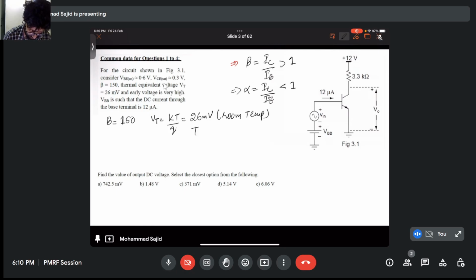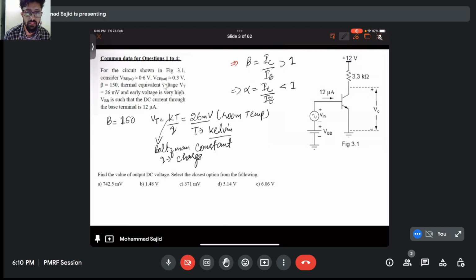Remember that T is in Kelvin. K is the Boltzmann constant. Q is charge. So at room temperature, the value is 26 millivolt.